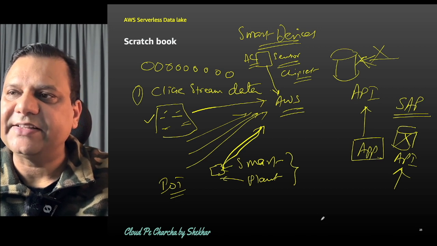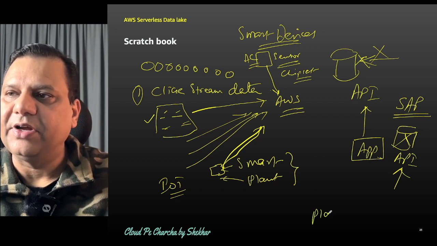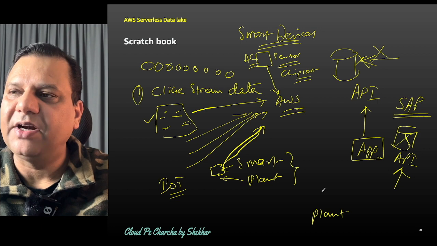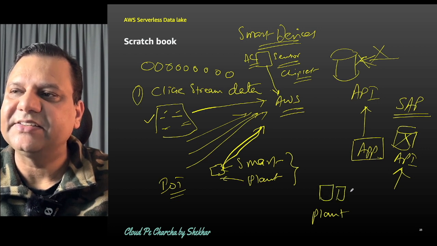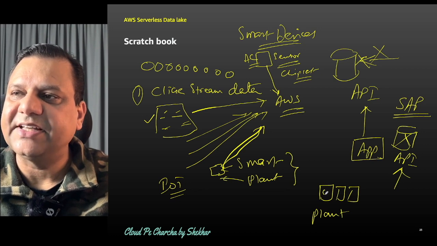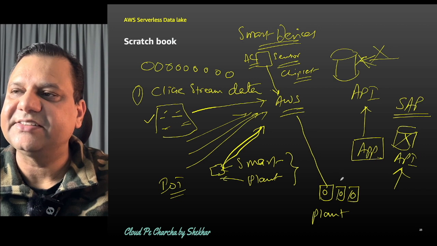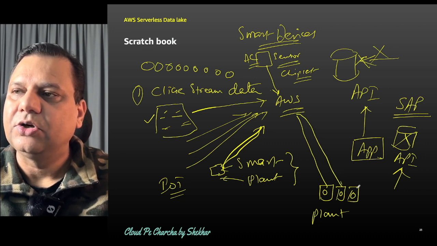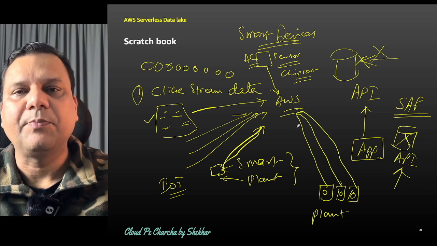In the same way, if you take the example of a plant, in the plant also you have multiple devices. There are many devices in the production line, and each of these devices has sensors. Each of these sensors is sending its own data to the cloud.